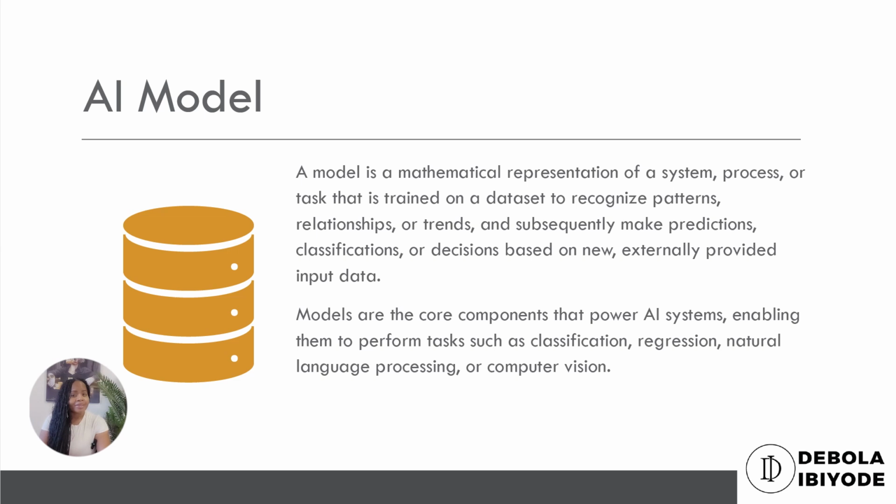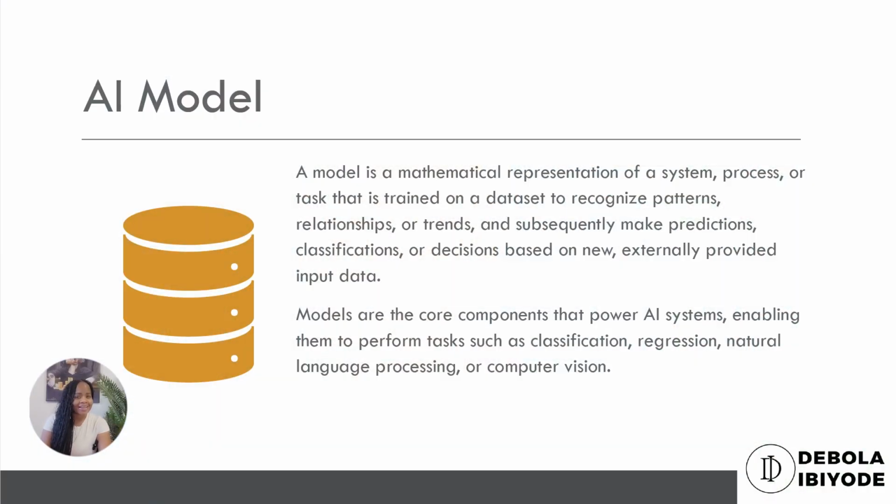What is an AI model? An AI model is a mathematical representation of systems, processes, or tasks so that they can perform other tasks. Tasks like pattern recognition, classification, making decisions and predictions on input data.